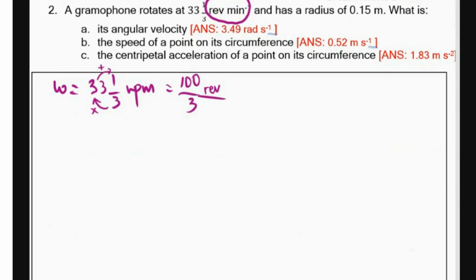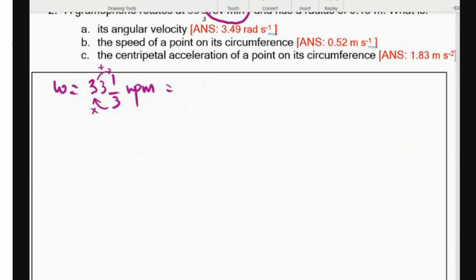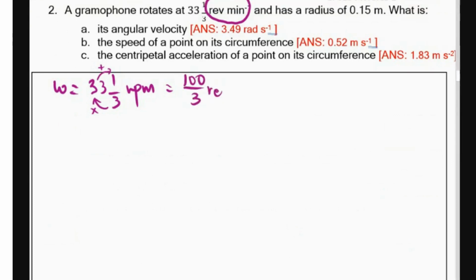How to do it? Let me do it again. 100 divided by 3 revolutions per minute.